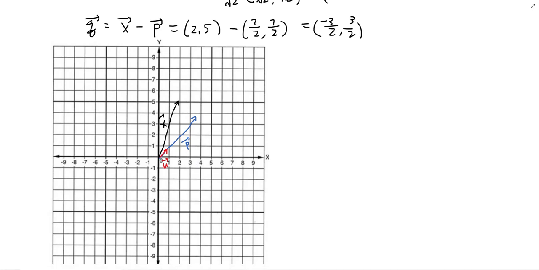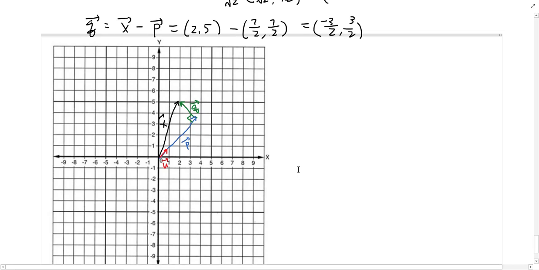Then my vector q goes 3/2 back and also 3/2 up, so it will be like this vector. This is my vector q, and there is the right angle. So that's what we find out. In this type of question, when you find the two components, they don't necessarily have to be horizontal or vertical.